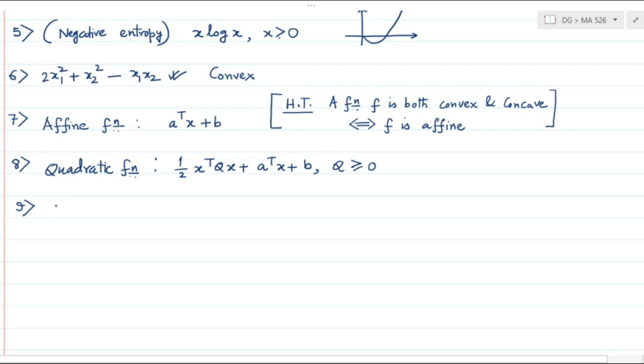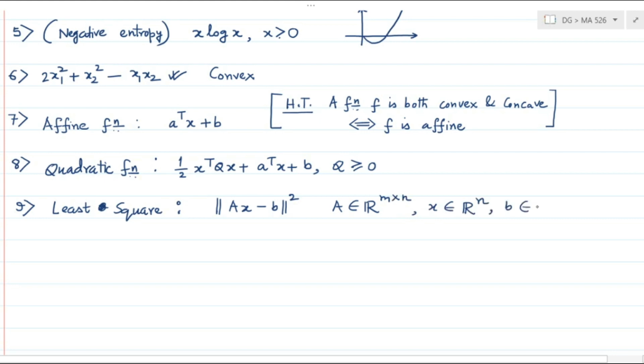The ninth example is an interesting example. It occurs in the problem of least squares with norm Ax minus b squared, where A is a real matrix of order m by n, x is the n-dimensional variable, and b is a vector in R^m.